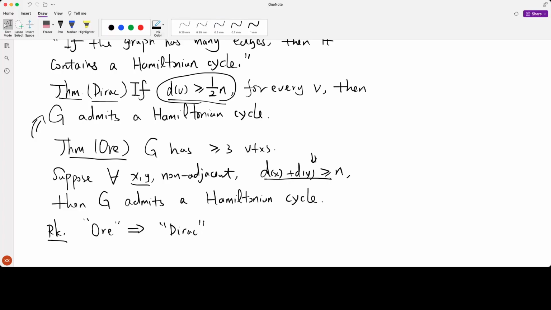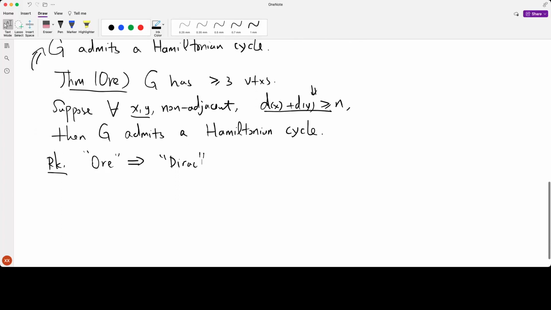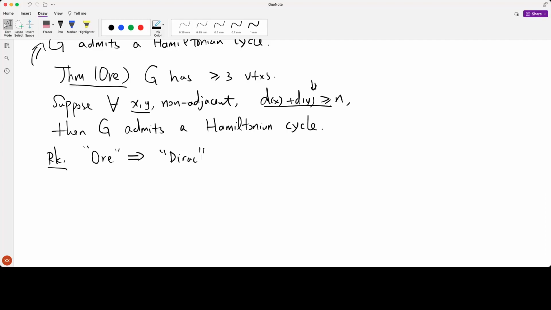It's pretty simple. So the proof of Ore's theorem involves a technique that is very important. It's not difficult, but it's very important. Even in modern research about finding Hamiltonian cycles in random graphs in all kinds of different settings, this technique is fundamental. So let me try to prove this theorem, Ore's theorem.